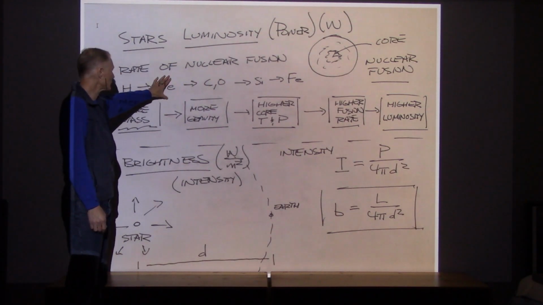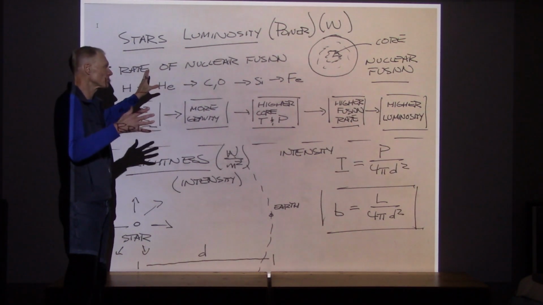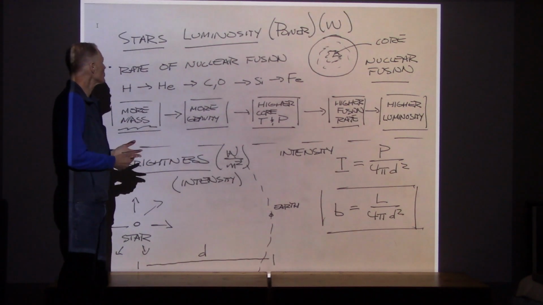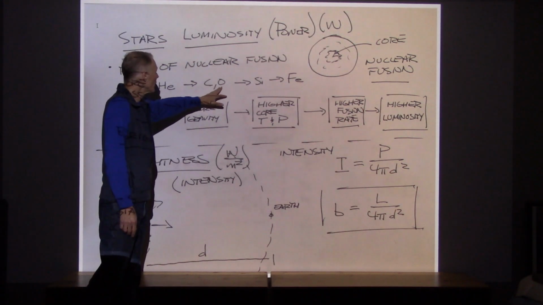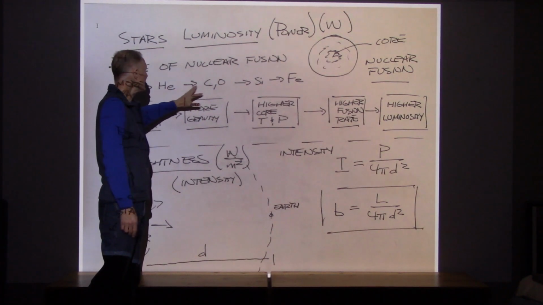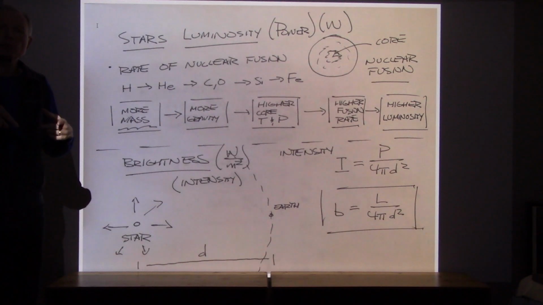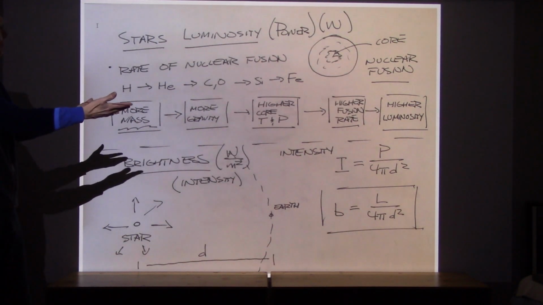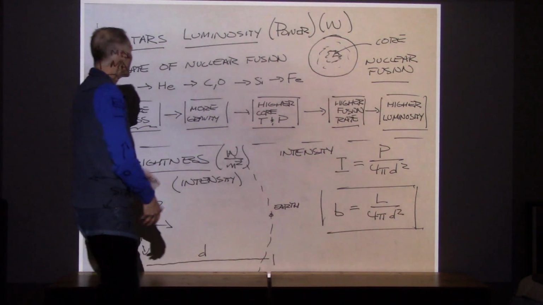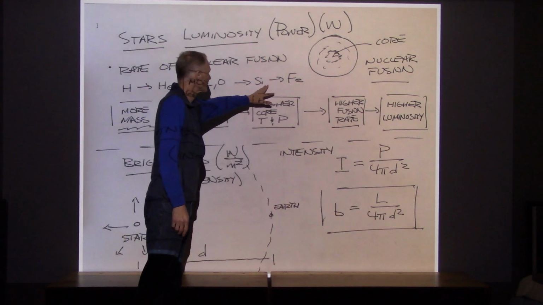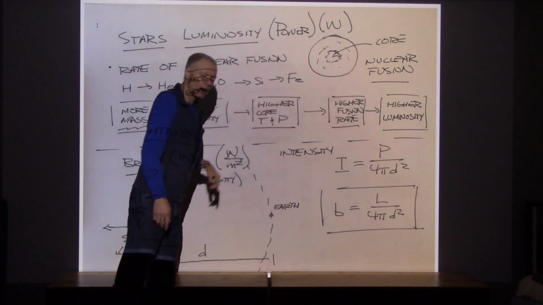In later stages of stars' development, some stars, not all, the heavier stars, are able to generate heavier elements by fusing helium into things like carbon and oxygen. Those can be additionally fused into, I put some representative elements here, heavier elements like silicon or calcium, and then finally iron.